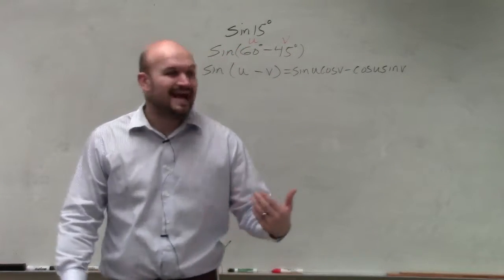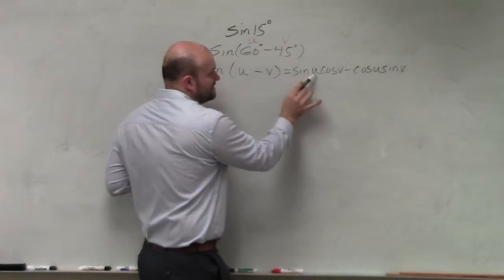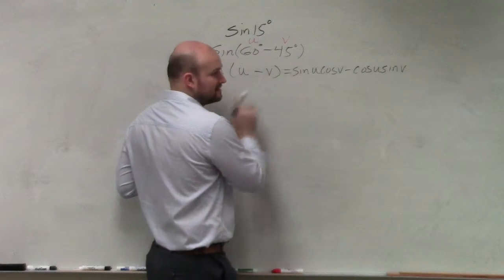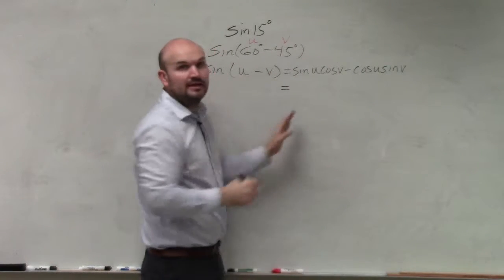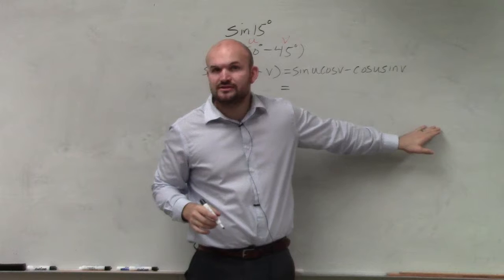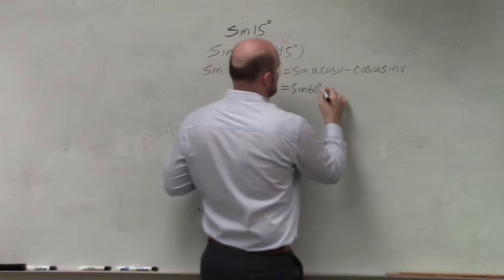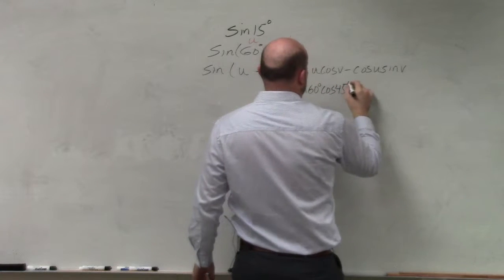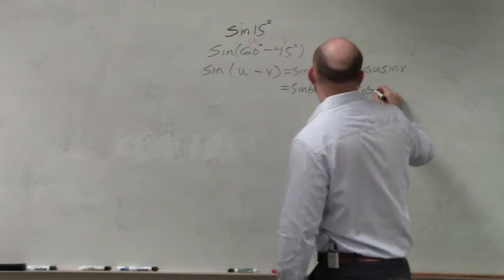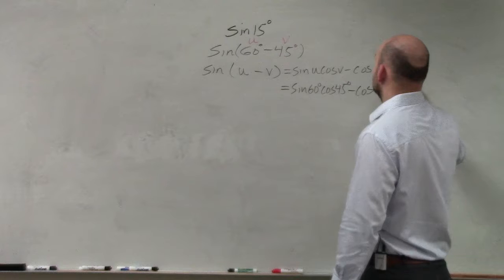And now I am saying u is 60 degrees and v is 45 degrees. So all I'm going to do is plug those values into my equation. So I have sine of 60 degrees cosine of 45 degrees minus the cosine of 60 degrees times the sine of 45 degrees.